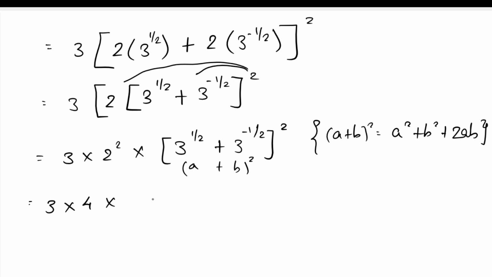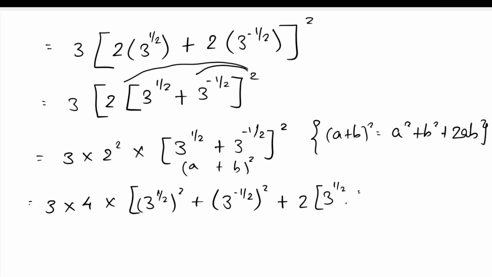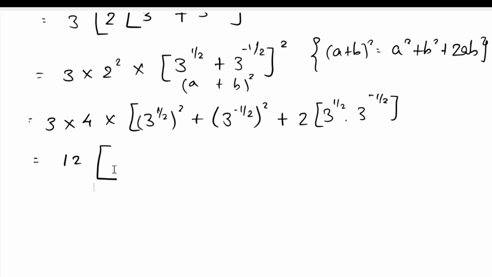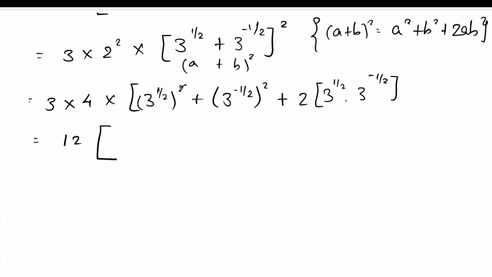Applying the formula, we'll get a square, which is 3 to the power 1 by 2 square, plus b square, which is 3 to the power minus 1 by 2 square, plus 2 into a into b. So a is 3 to the power 1 by 2 into 3 to the power minus 1 by 2. So this will become 3 fours are 12 into, here this 2 and 2 will get cancelled.